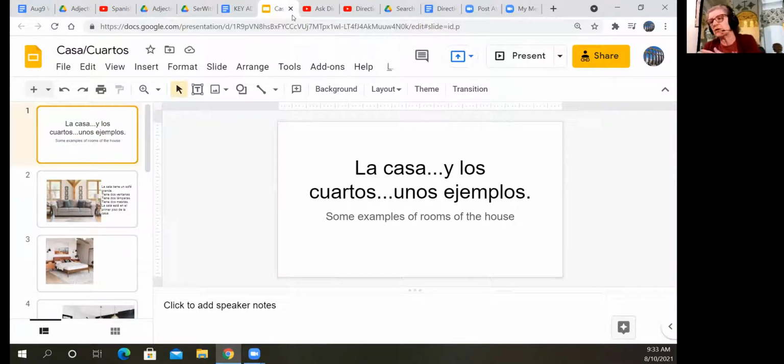When we're done with that adjective part, we are going to go through some basic vocabulary for adjectives, some opposites that we typically use. And we're going to do a little tiny intro on what to do about directions, because the next chapter in your book is going to talk about directions.